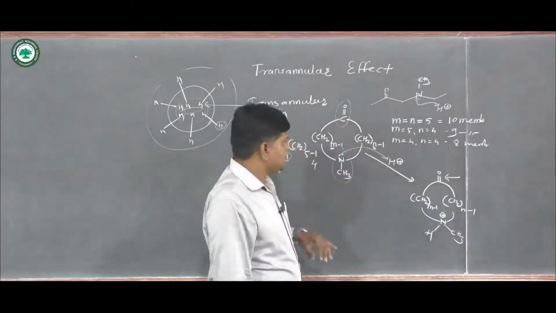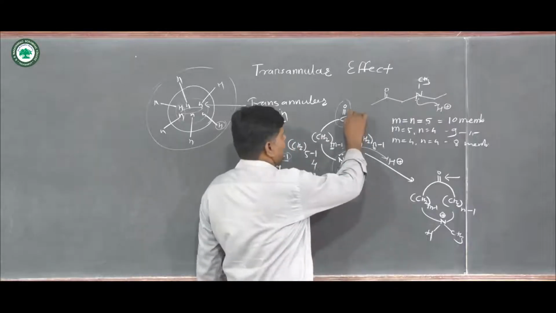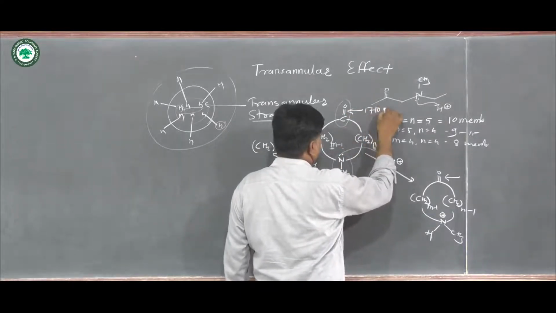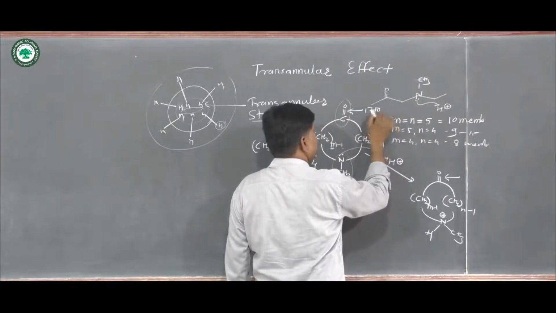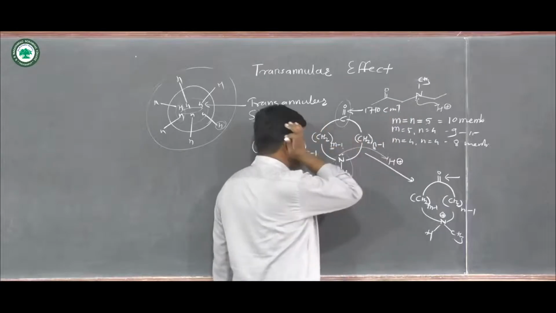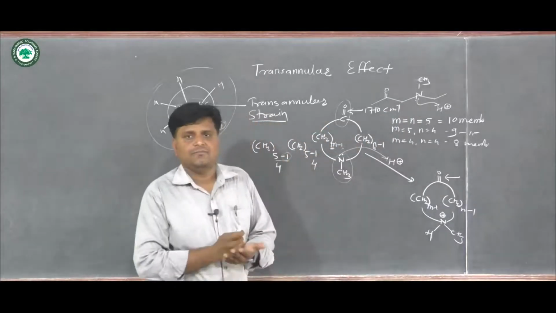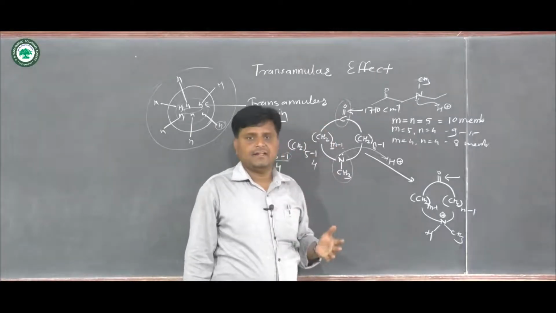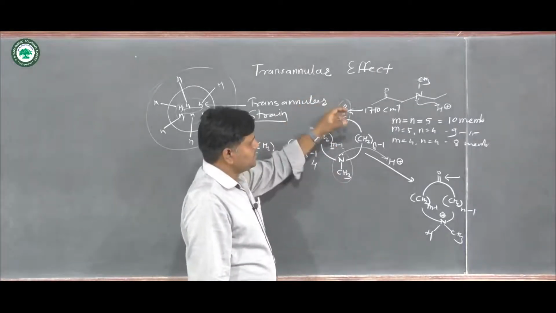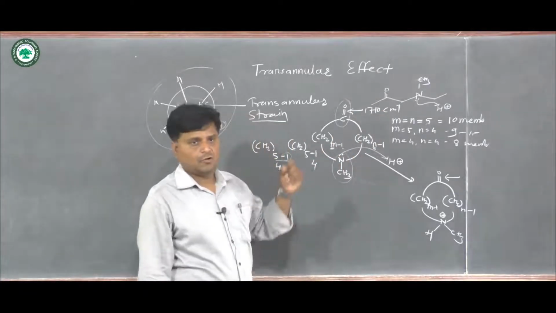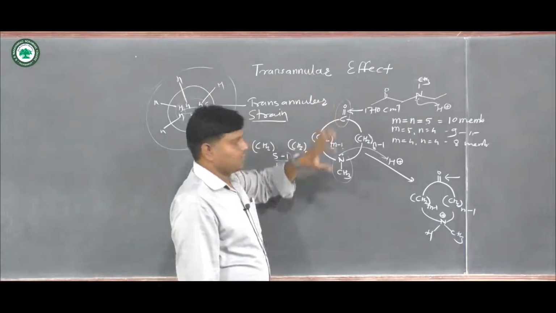And in IR spectroscopy you see one value near about 1705 centimeter inverse, which is the sign of the presence of a carbonyl, either ketonic or aldehyde group. This is one of the characteristic values for this type of carbonyl group.